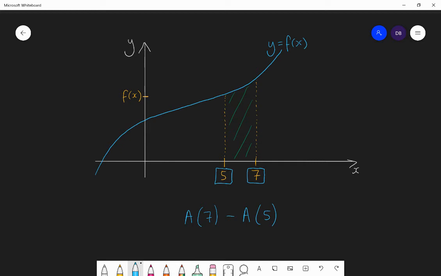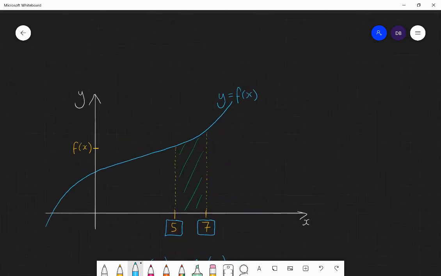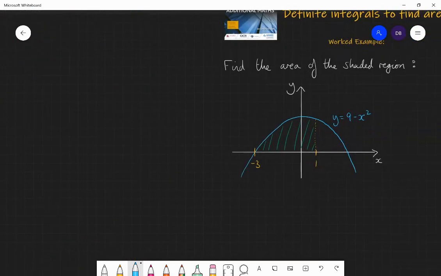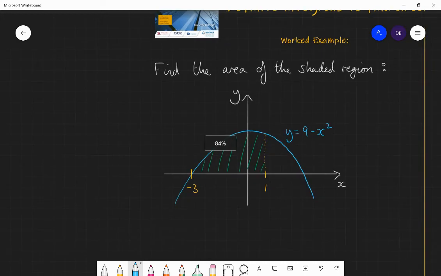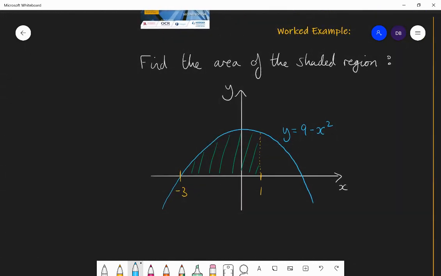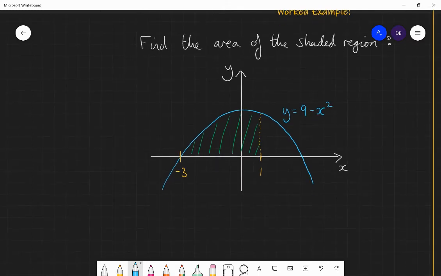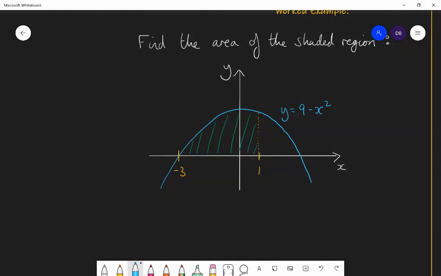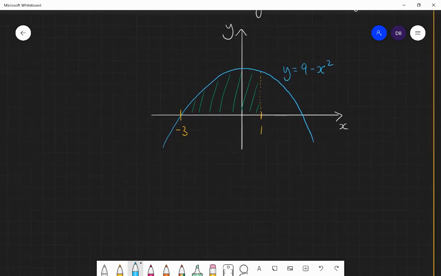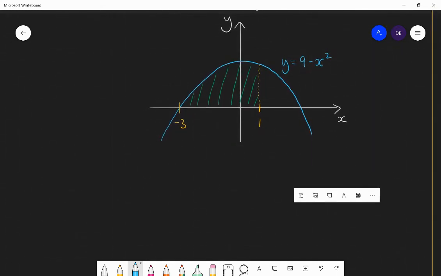Okay? So let's put that into practice and actually do an area under a curve. So find the area of this shaded region here. The area below y equals 9 minus x squared from x is minus 3 up to x is 1 and above the x-axis. So our process, we understand that we need a definite integral to find this area.